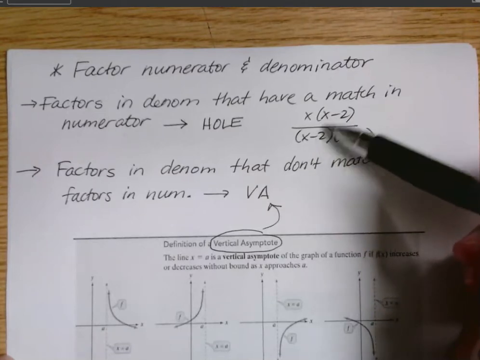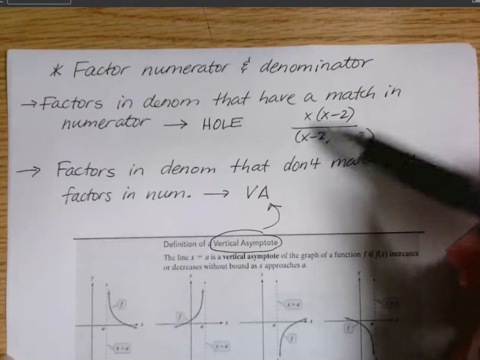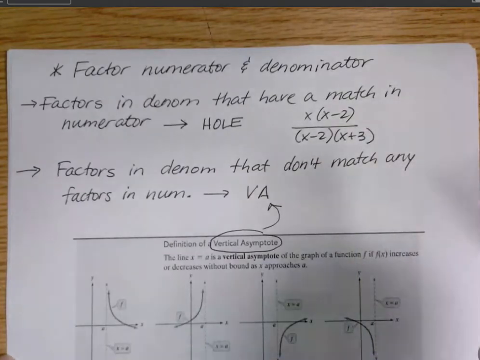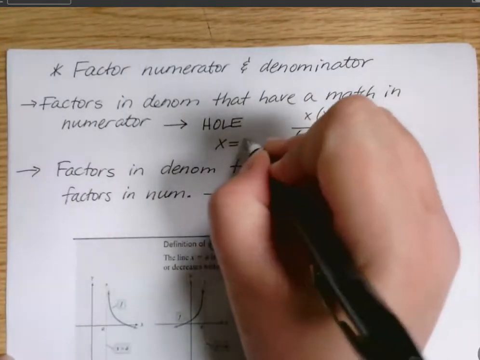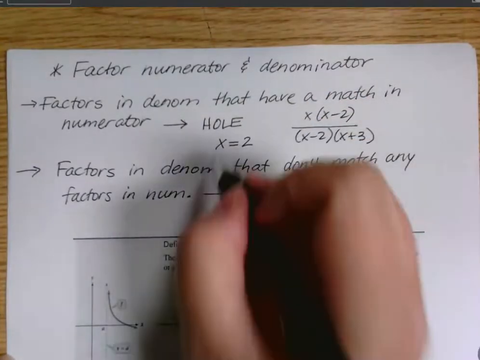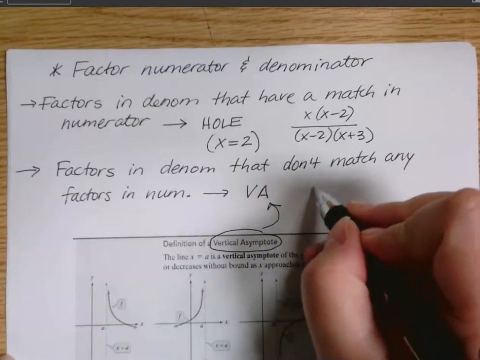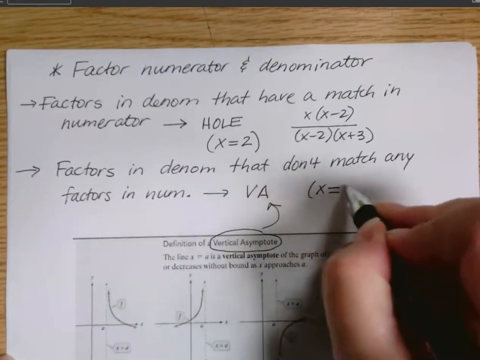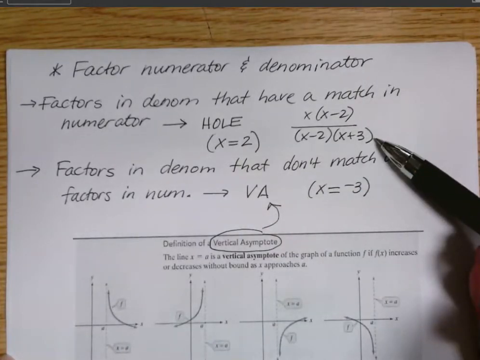In other words, the x value that goes with that factor is always the opposite sign, the x value that would make it equal to 0. In that same example, we would have a vertical asymptote at x equals -3, because that's a factor in my denominator that I don't have a match for in the numerator.